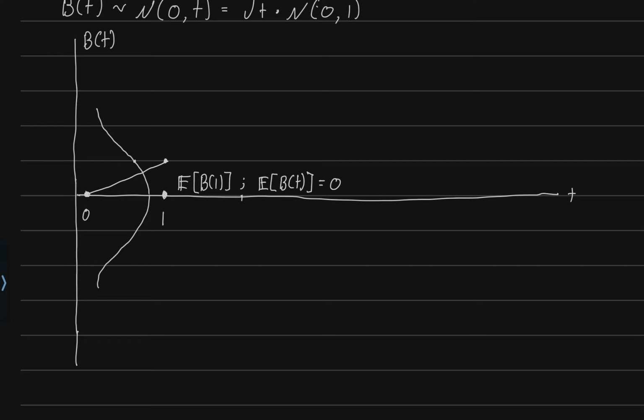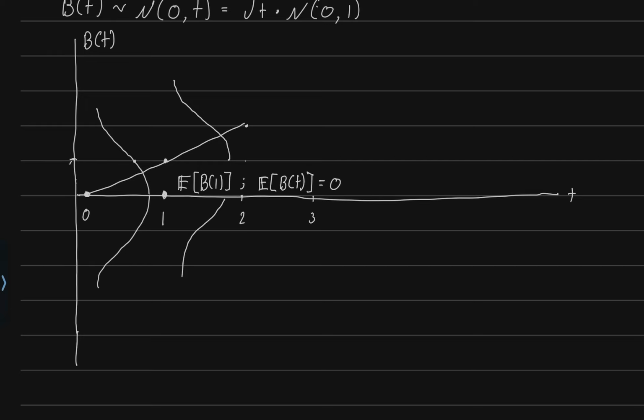Now, if I'm going to sample 2, I'm going to create the same exact normal distribution, but starting from the value I got at B of 1. So let's create that normal distribution, and let's say I get this point over here. Even though I'm expected to get this point again, let's say I go up here.